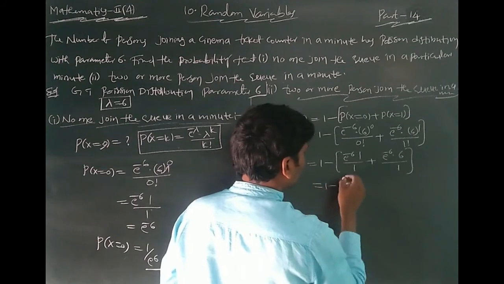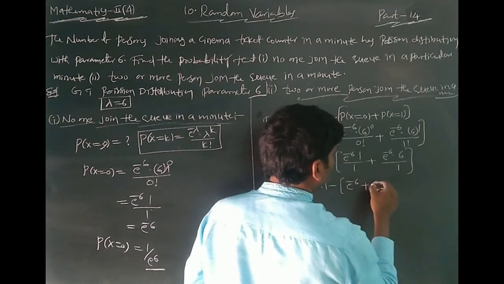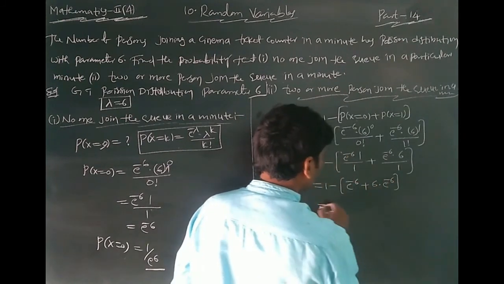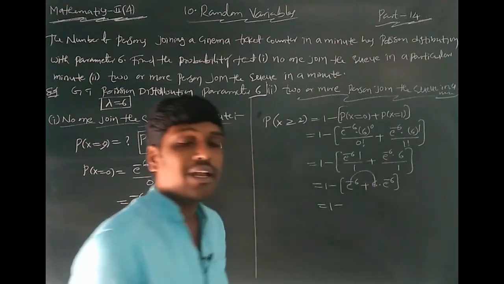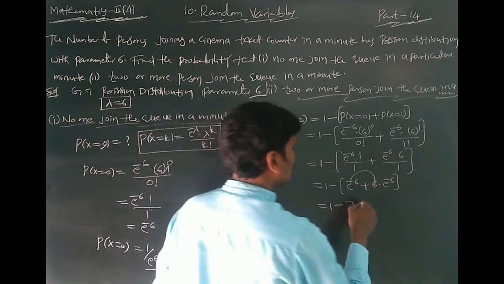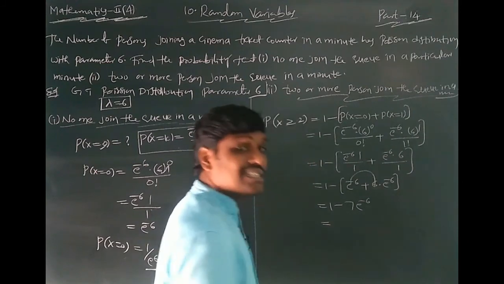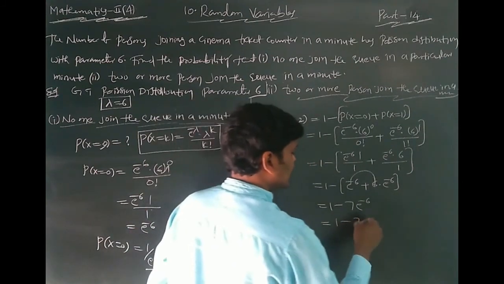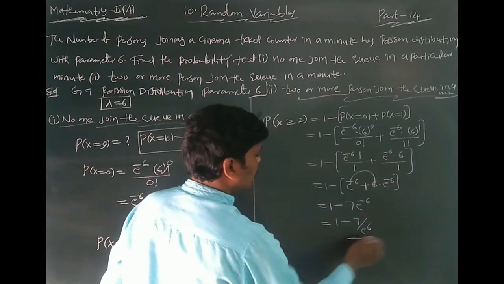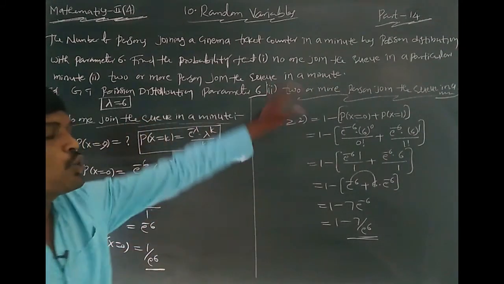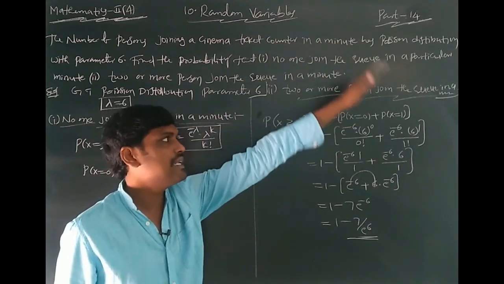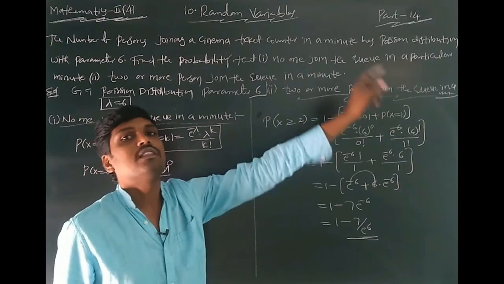You can write 1 minus e power minus 6 plus 6 into e power minus 6, which is 1 minus 7 into e power minus 6. This can be written as 1 minus 7 by e power 6. This is the probability of 2 or more persons joining the queue in a minute.